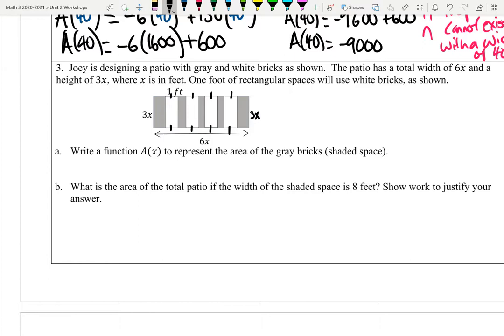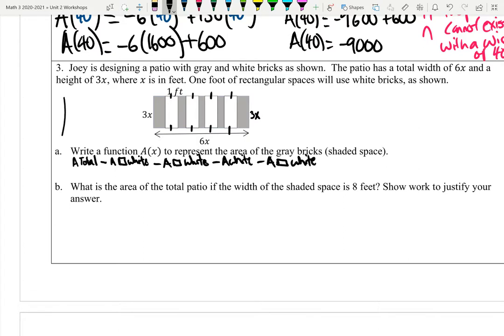So, I need to find the area of the gray bricks. I need to find out how much gray brick I should get. To find that, I need to take the area of the total space, and subtract the area of the white, minus the area of the white, minus the area of the white, and minus the area of the white.